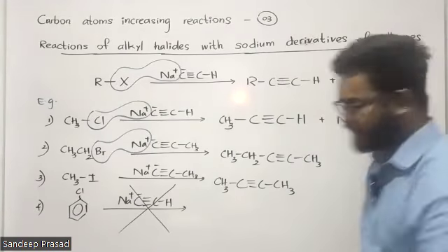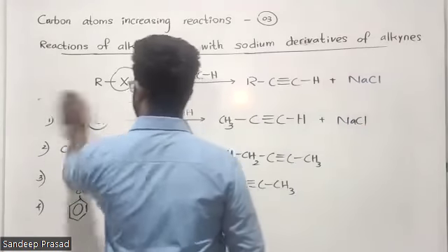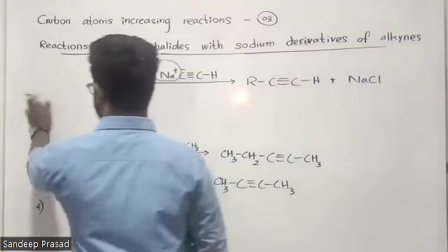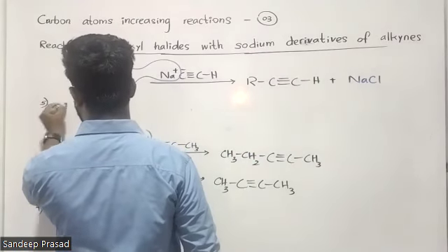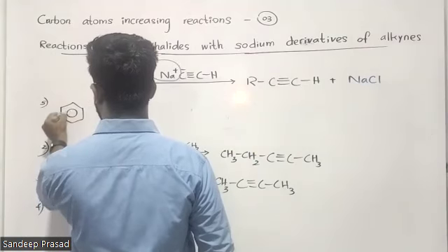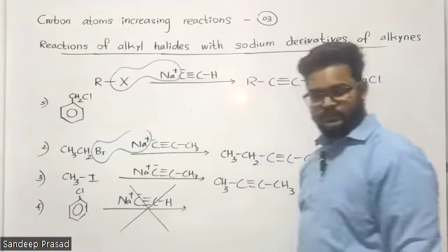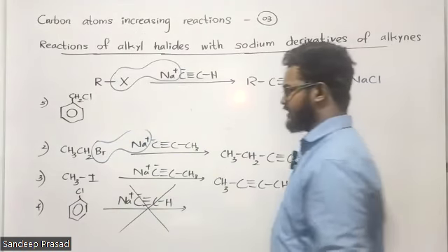At the same time, you can consider this kind of compound. Chlorine is not connected to the benzene ring directly, but as CH2Cl, right? An intermediate carbon atom is there.